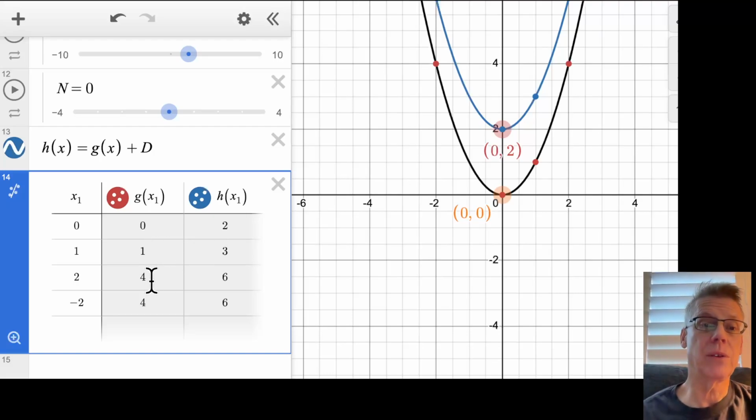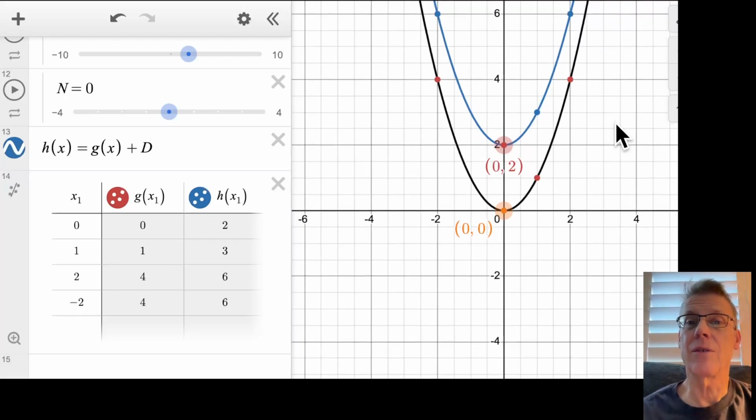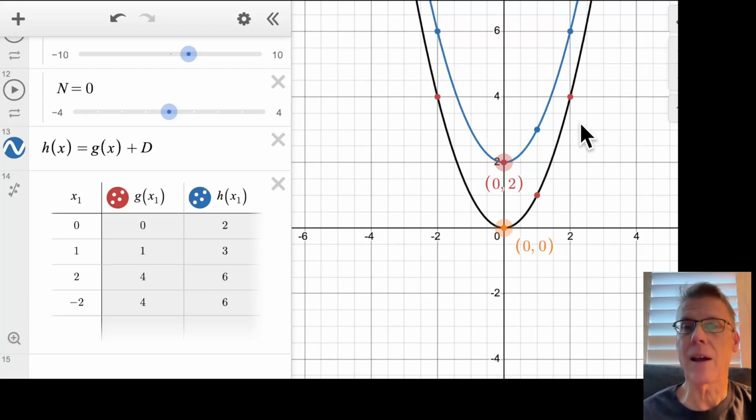When the output was 4, because the input was 2, I added 2 to that, and I get 6. So visually, what I see is as if that function was moved up 2 units. But numerically, what I see is every single dot on the original function y equals x squared is 2 units higher. I should shift down or move the graph down a little bit so we can see it better. But this 4 is now up here at 6.